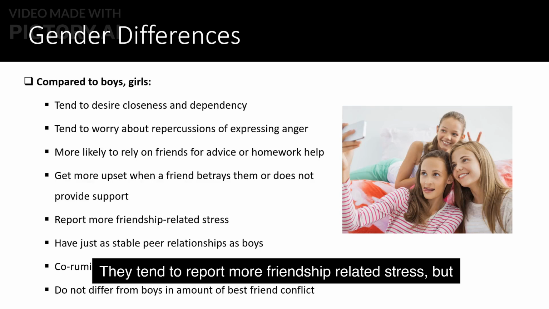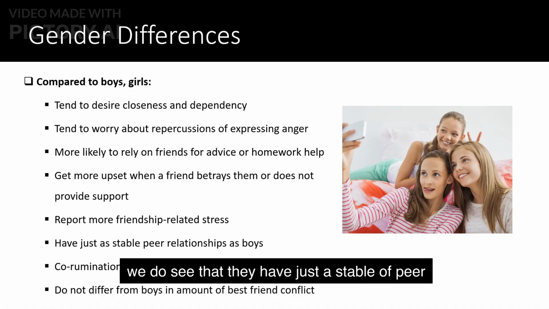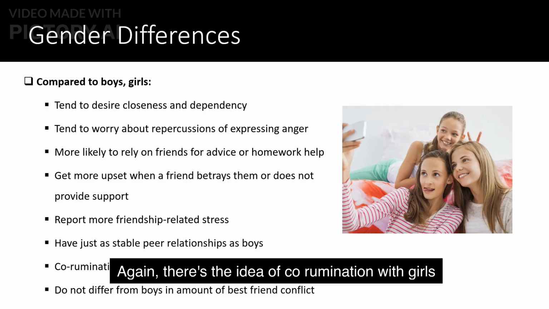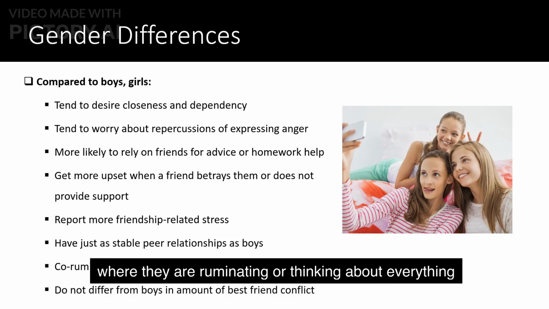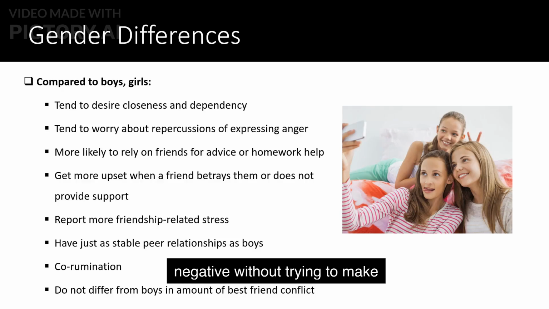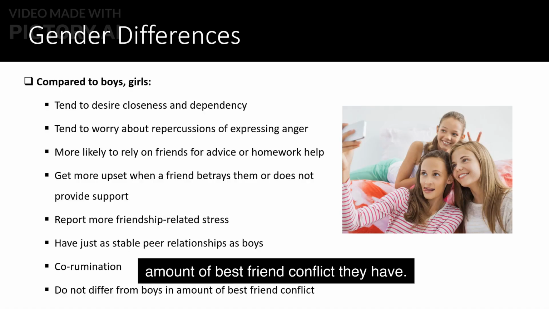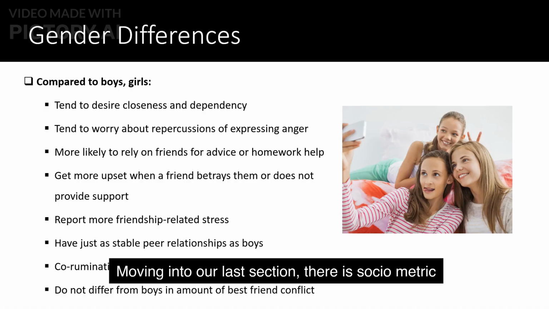They tend to report more friendship-related stress, but we do see that they have just as stable peer relationships as boys do. Again, there's the idea of co-rumination with girls, where they are ruminating or thinking about everything negative with another person, without trying to make it better. And we do see that girls do not differ from boys in the amount of best friend conflict they have.